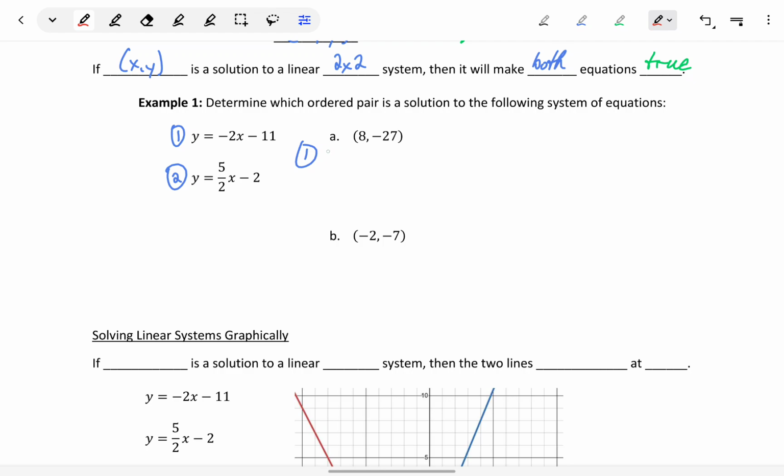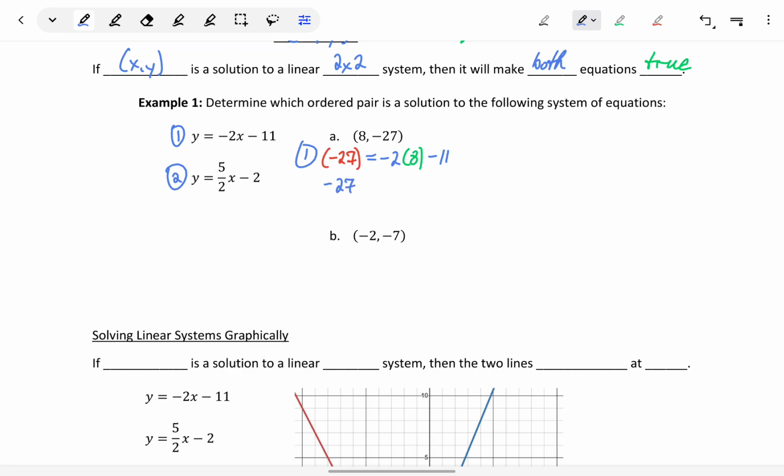Wherever y occurs, we'll plug in negative 27, and wherever an x occurs, we'll plug in positive 8. Then we'll evaluate both sides to see if this makes a true statement or a false statement.